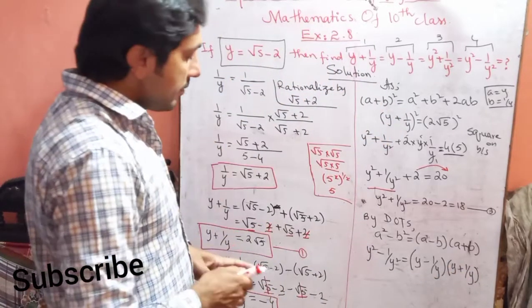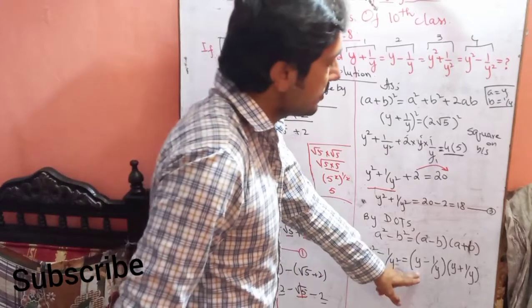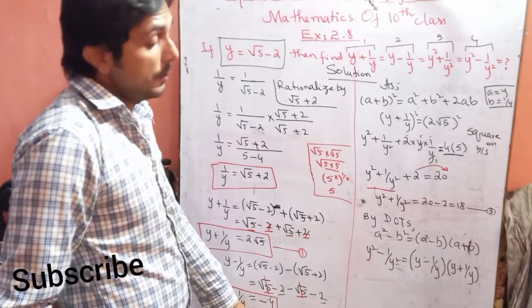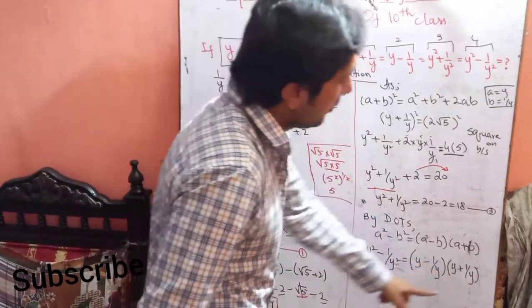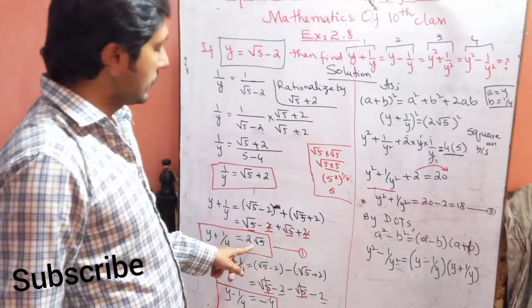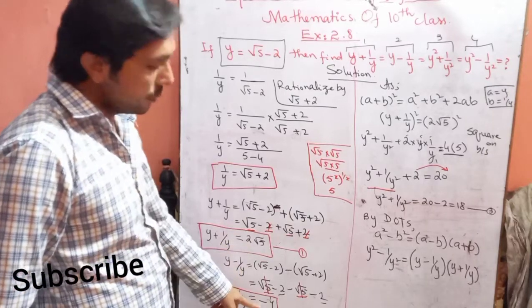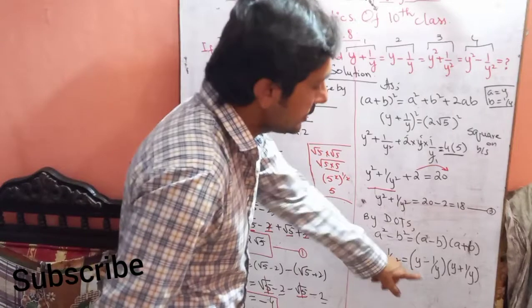Since we have determined the value of y minus 1 upon y in equation number 2, as you can see here, it is minus 4, and the value of y plus 1 upon y in equation number 1 was equal to 2 under root 5. So we are going to use both equations in this equation.